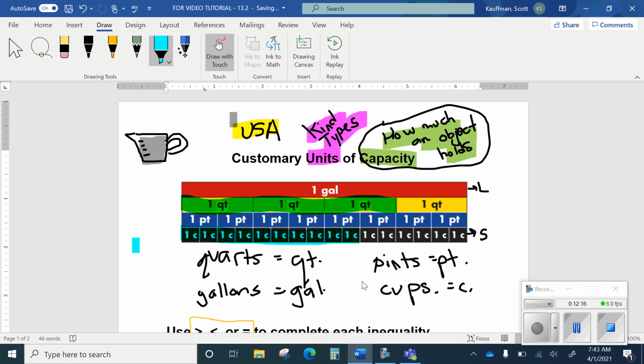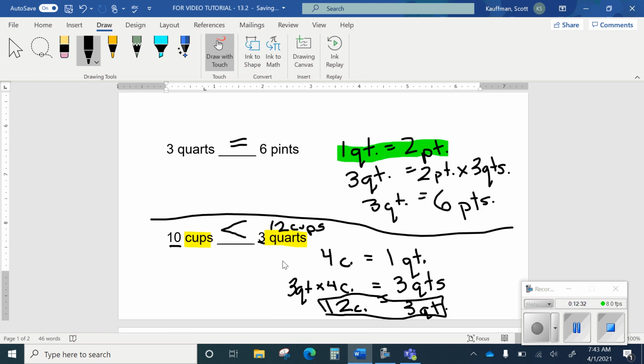Look at that. My green bar goes from here to here. My blue bar goes from here to here. As you see, 3 quarts is longer than 10 cups. So 10 cups has to be less than 3 quarts.